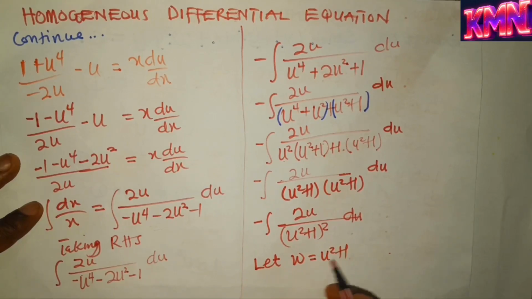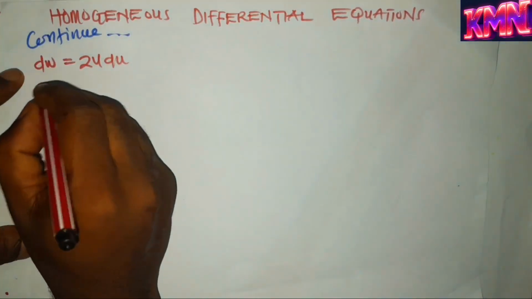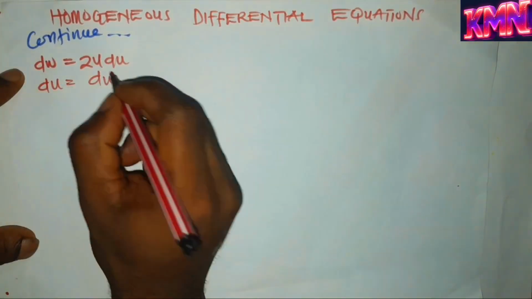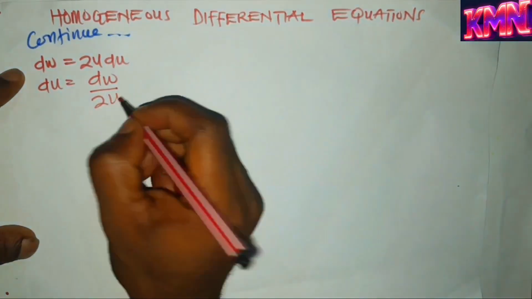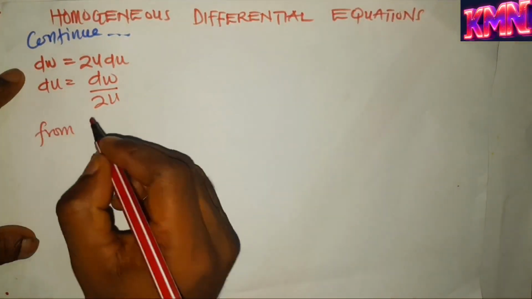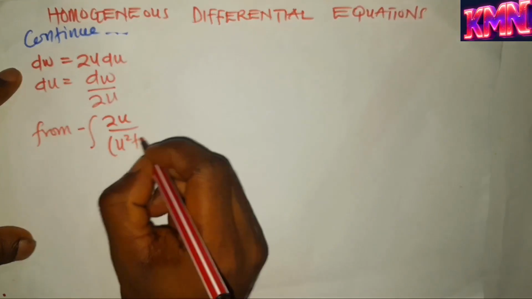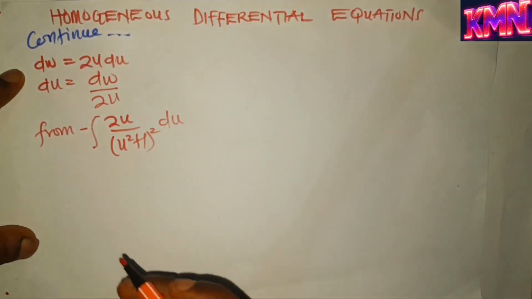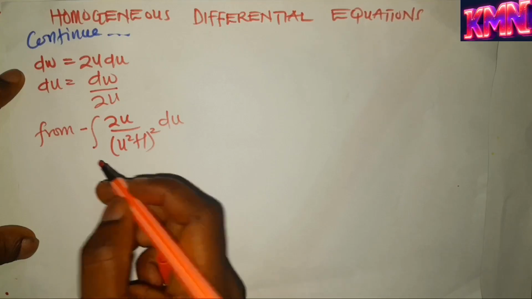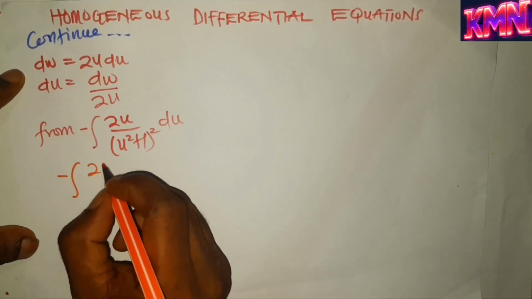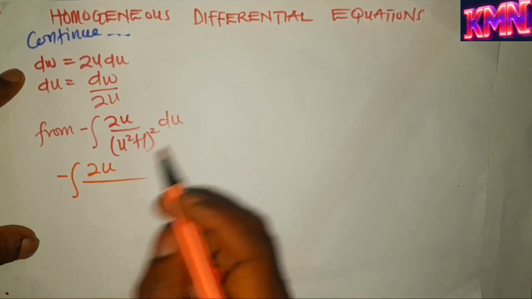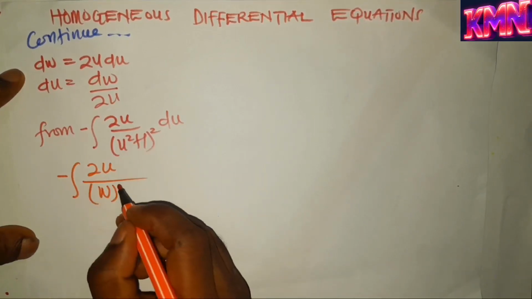So now let's differentiate w with respect to u. So dw equals 2u du. Making du the subject, we are getting du equals dw on 2u. So from negative integral of 2u on (u^2 + 1)^2 du, substituting the parameters back, we are getting negative integral of 2u on, the whole of this is w, so that becomes w^2.